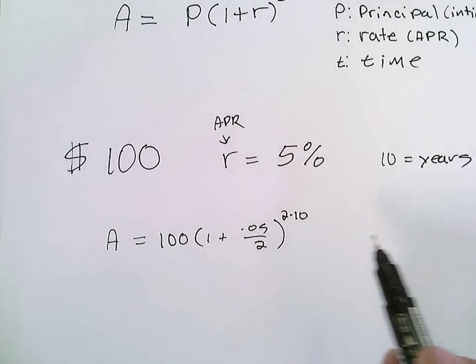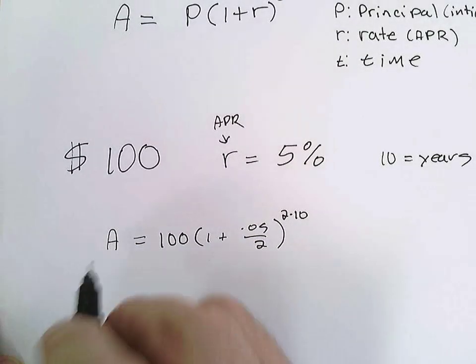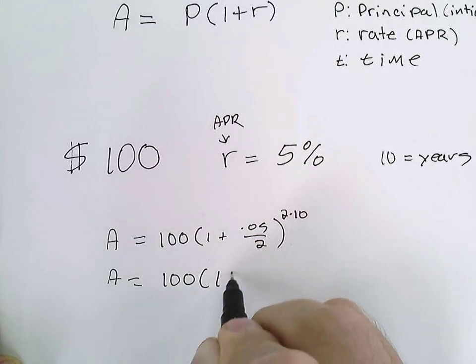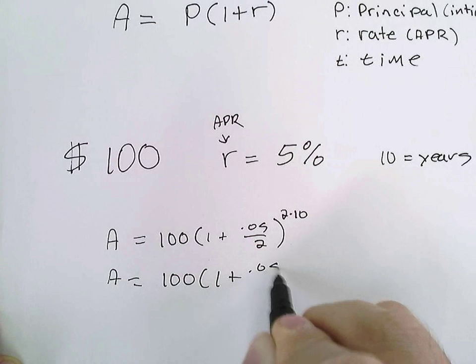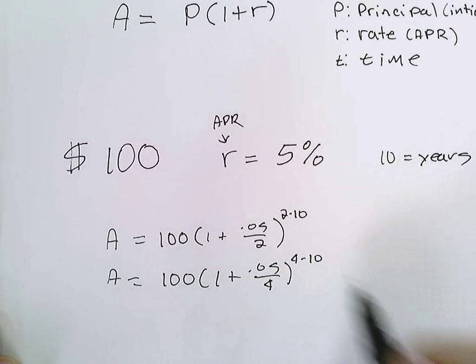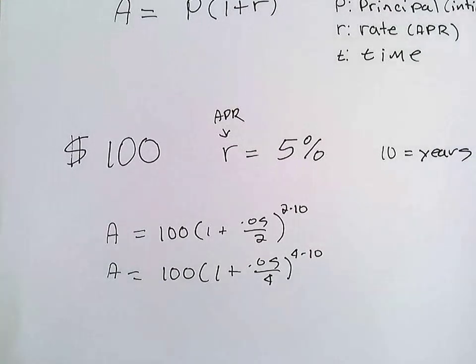What if I wanted to do it every quarter? So 4 times a year. So this would be compounded quarterly, and it'd be 1 plus 0.05 over 4, and then 4 times 10. Because if I do it every 3 months in 10 years, this interest is going to be applied 40 times.